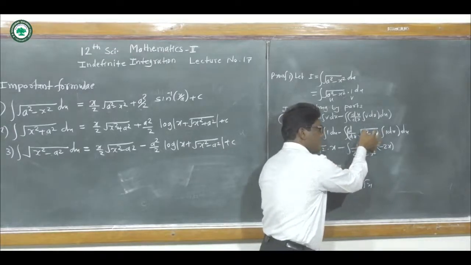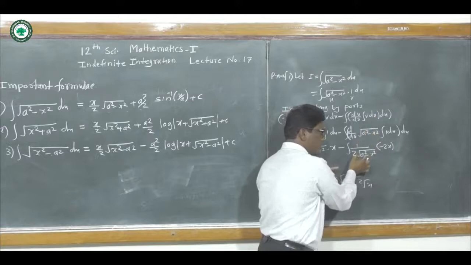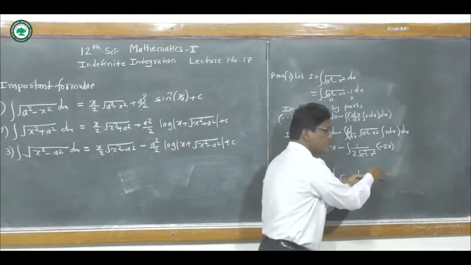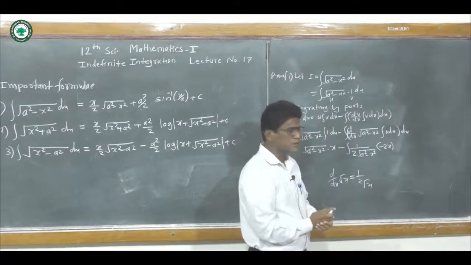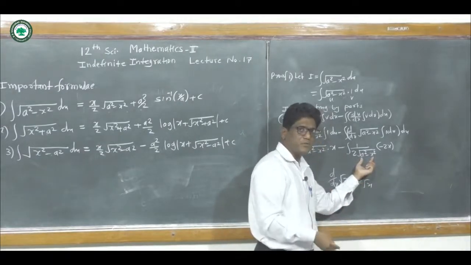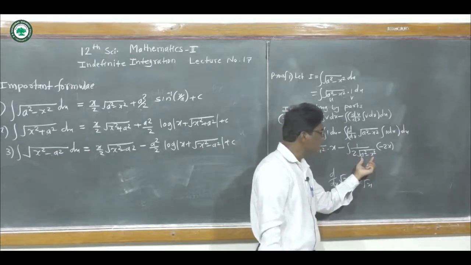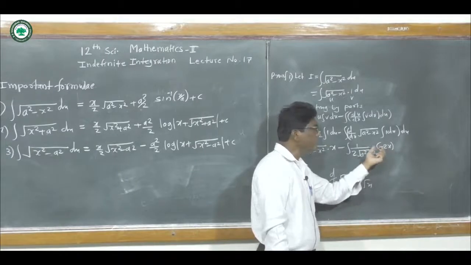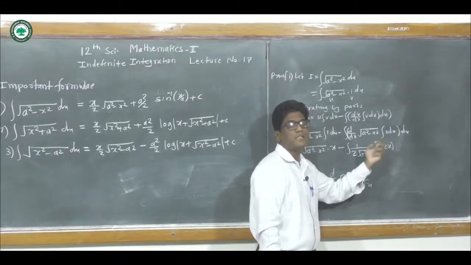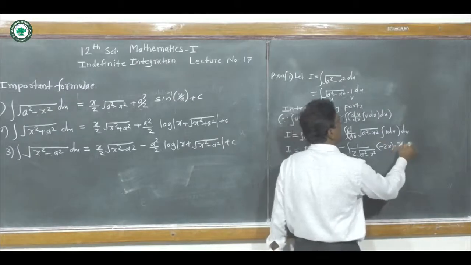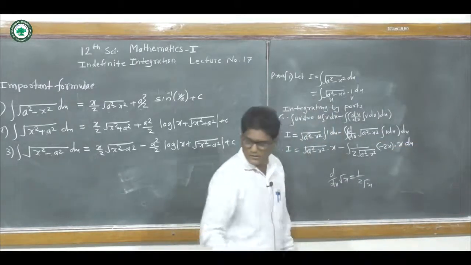So the derivative of root is 1 upon 2 times root, and in the root there is a square minus x square. So take the derivative of a square minus x square again. Derivative of a square is 0. Derivative of minus x square is minus twice x. In derivative we multiply, and in the integration we divide. And integration of 1 dx is x dx.